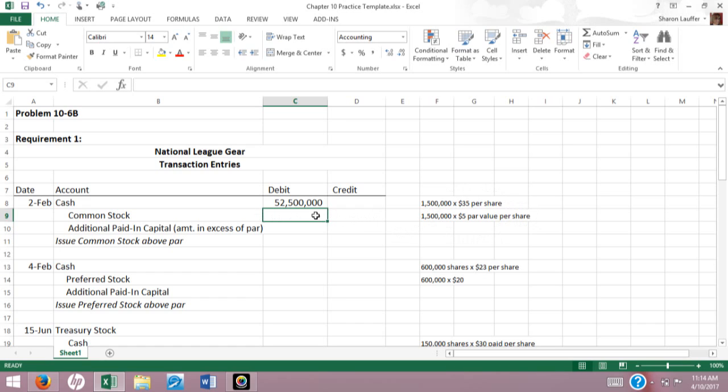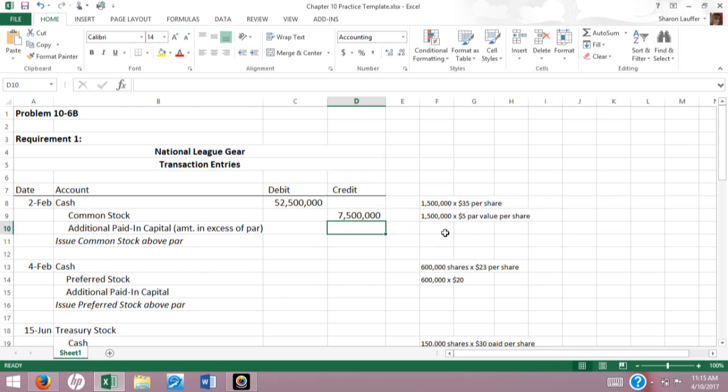The par value of our shares is going to go in the account called common stock. So 1.5 million shares at the par value, which is $5 a share. If we do the math on that, we get $7,500,000. Now the amount that we're paid that's above the par value is what we call additional paid-in capital.